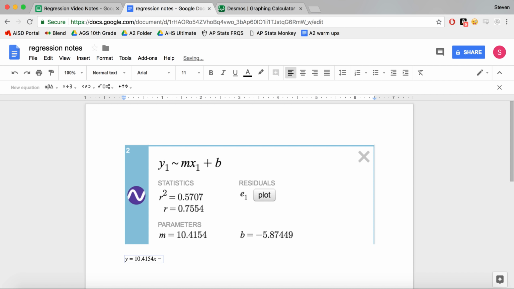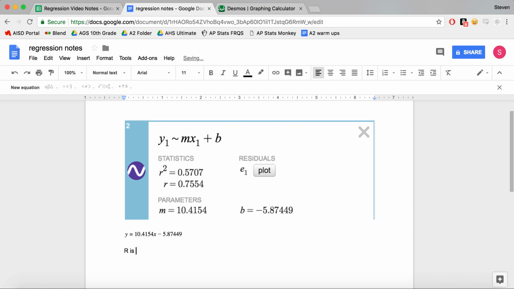So minus 5.87449. And it tells me r squared and r. So r is the measure, I want a lowercase r. r is the measure of linear association.